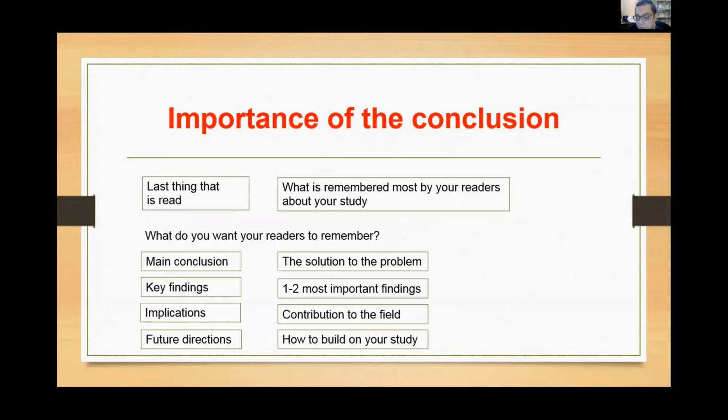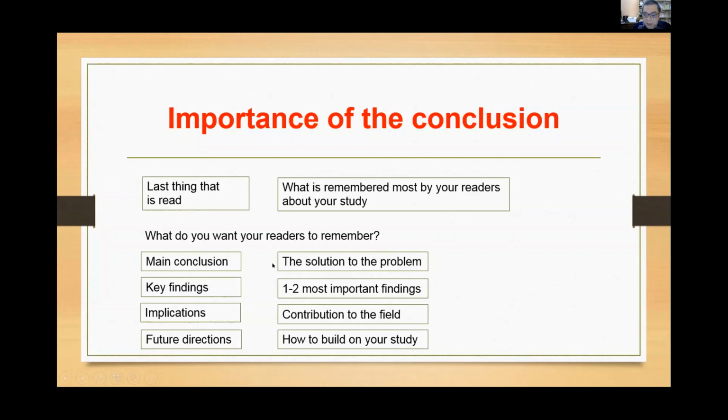So what is remembered most by your reader about your study? You have to conclude everything, the answer to your objective, your research problem, to make sure the reader can easily recall your major finding and what you achieved from your research. So what do you want your reader to remember?